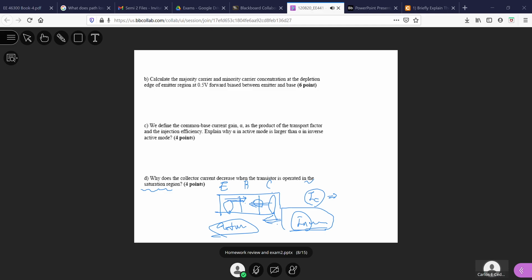So the flow of carriers decreases when we apply the inverse active mode because we have less doping. Yeah, because my answer was that the flow of carriers decreases. I didn't mention the doping, but I assumed it was understood. But I got no credit, so I don't know. Maybe after class, I'll look at your answer again. Okay, I cannot answer right now, but later on, certainly. Okay, that's good.